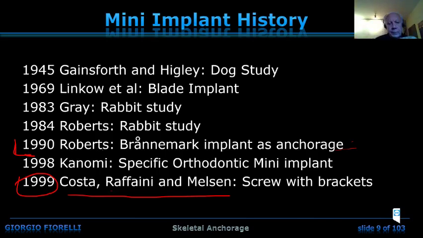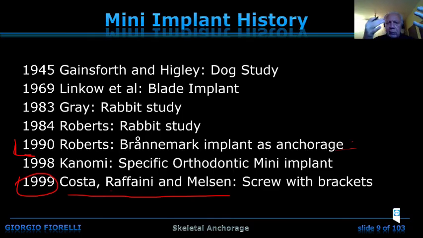And these 2 guys, Antonio Costa and Mirko Raffaini, tried for the first time to use a screw that Raffaini was using in surgery to get some anchorage in orthodontics. So Antonio had the idea to place a bracket on top of this screw for surgery.